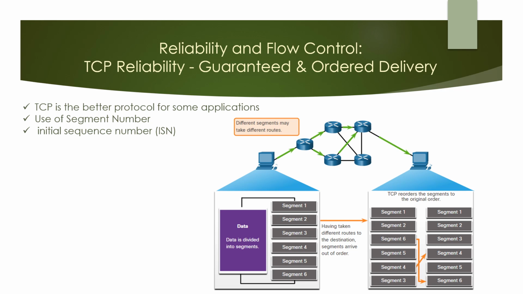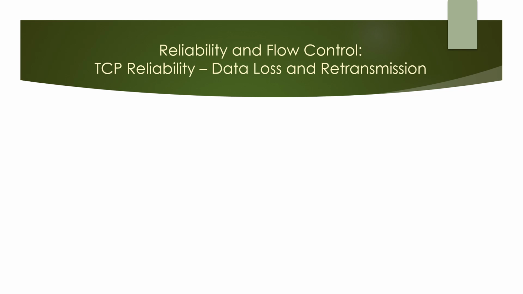As for data loss and retransmission, no matter how well designed a network is, data loss occasionally occurs. TCP provides methods of managing these segment losses. Among these is a mechanism to retransmit segments for unacknowledged data.